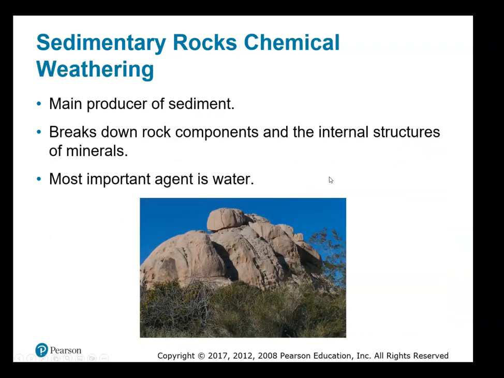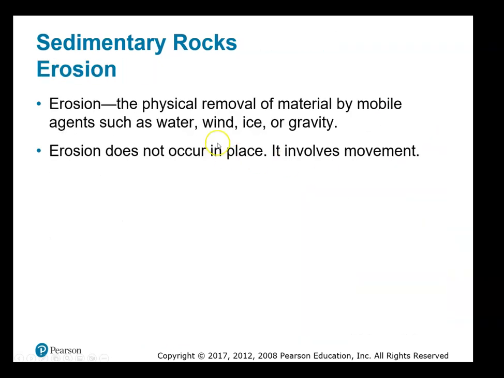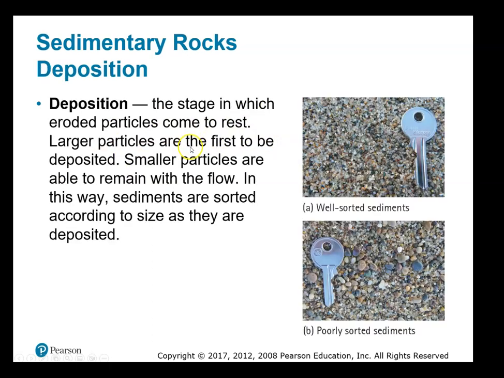All right, erosion doesn't occur in place. There's movement involved, so keep that in mind. If you think erosion, you're thinking that it involves some kind of movement, with water, wind, ice, or gravity.